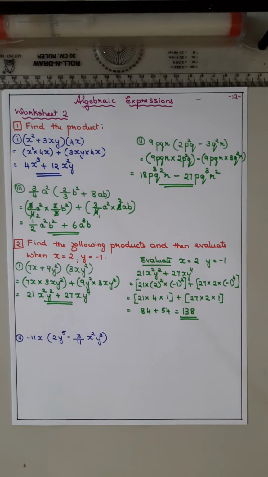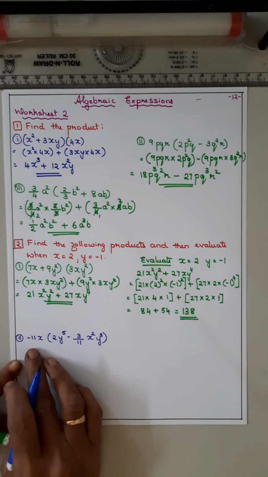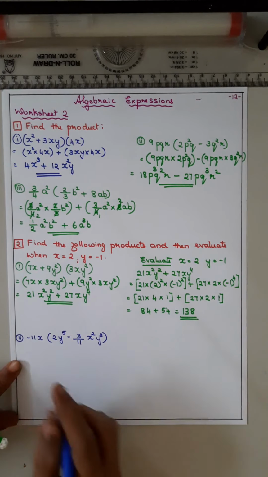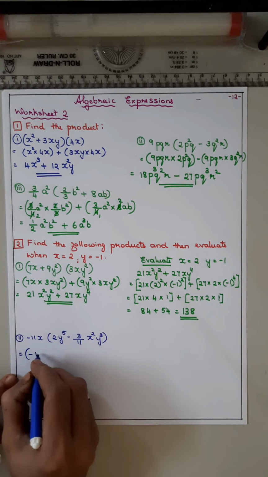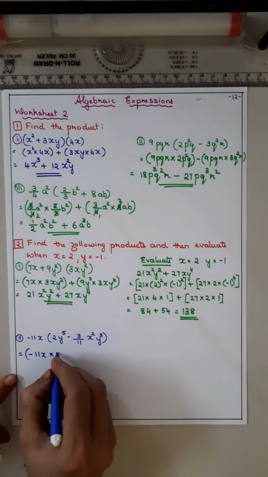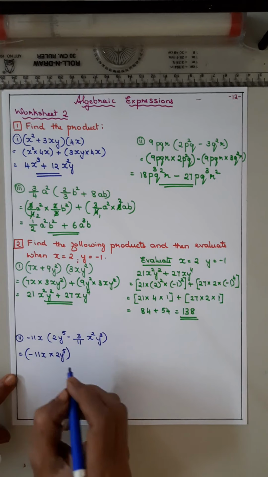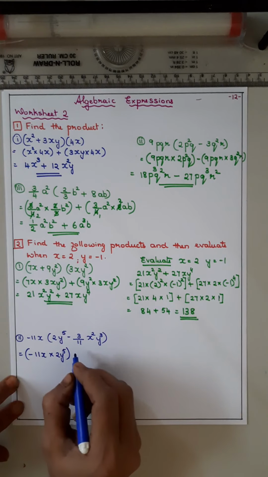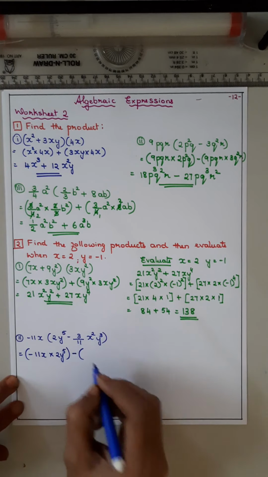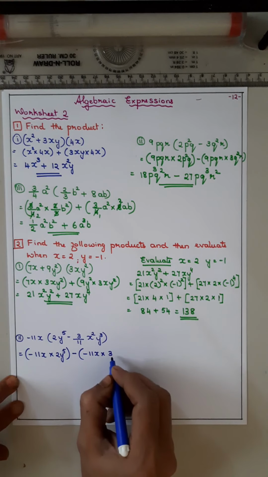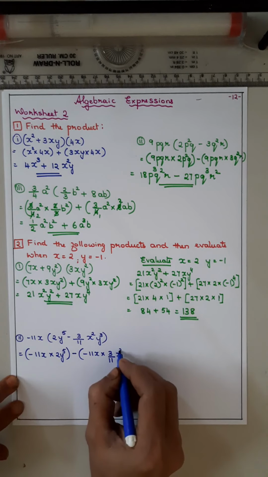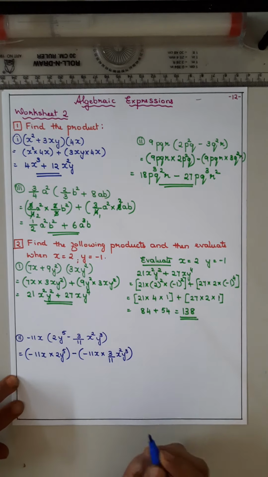Clear? Now coming to the second sum, it is minus 11x. Write the question, and now bracket open minus 11x into 2y to the power 5 minus bracket open minus 11x into 3 by 11 x squared y cube, bracket close.